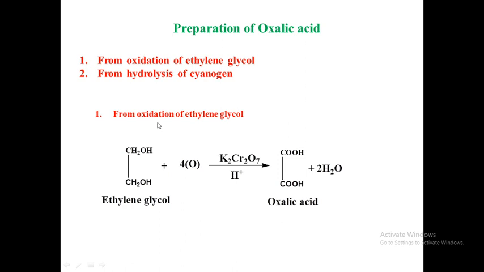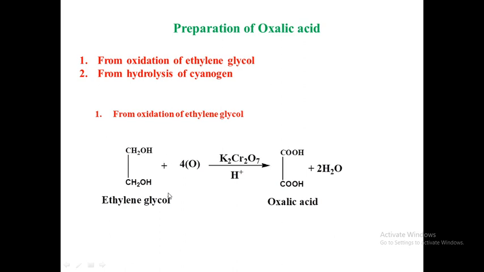First we see what is meant by oxidation. Oxidation means addition of oxygen, or removal of hydrogen, or addition of oxygen and removal of hydrogen simultaneously, and the last one is the loss of electrons.